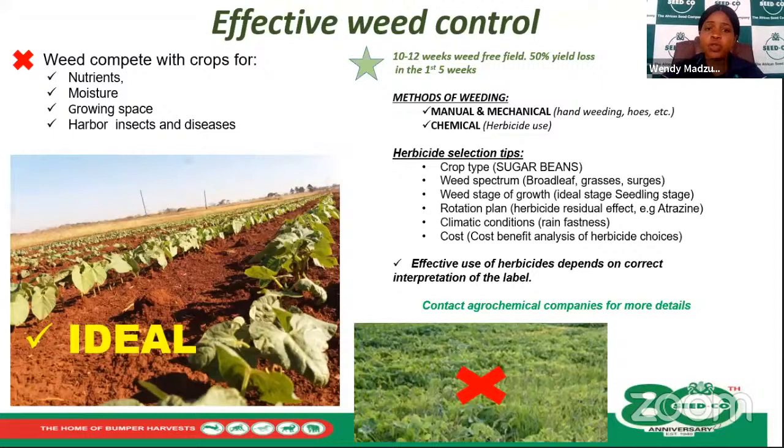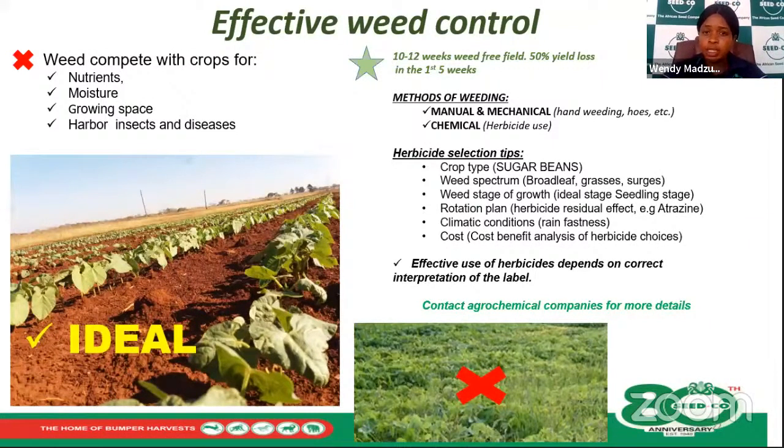So it's important for you to apply herbicides timeously to control weeds, or to come in with manual weed control if it's the one that you're going to be using in your field. However, manual weed control is quite tedious, and it's also suited to a small piece of land as opposed to large scale or medium scale production.